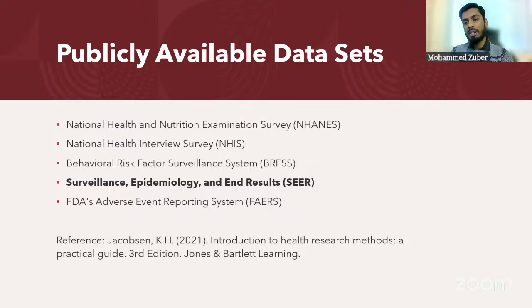And finally, the one which we are talking about today is SEER, which provides cancer statistics to reduce the cancer burden in the United States. And the other database which we are more familiar with is the FAERS database, which is the FDA Adverse Event Reporting System.